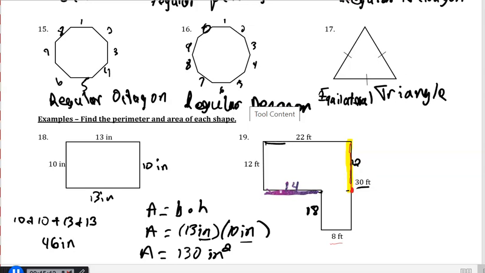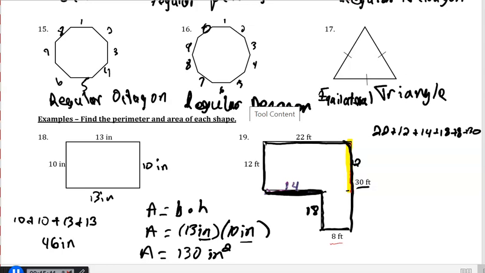I'm going to take this side, 22 feet. I'm going to add it to this side, which is 12 feet. This side here, which we found to be 14 feet. Side here we know is 18. Side there is 8. Hopefully I can squeeze this last one in. And then this full big side is 30 feet.